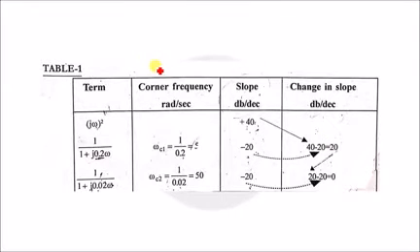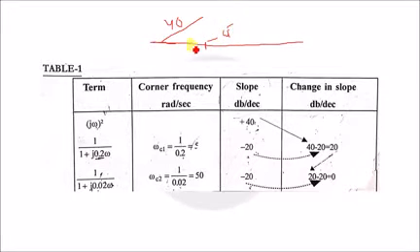Let me try to draw a straight line first. In this straight line, first we have a slope which is plus 40 dB. Clear? And this point is called the corner frequency. Here the angle changes, and here I am getting minus 20 dB.